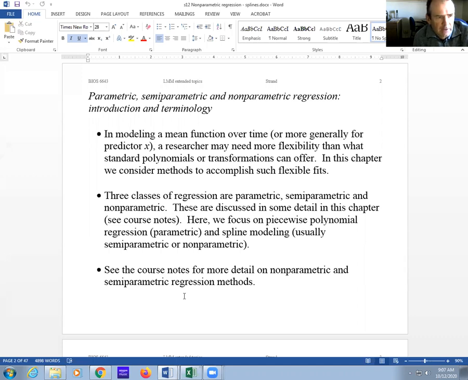The goal of non-parametric regression is to offer a really flexible function that doesn't have any constraints. It's not constrained to be linear, quadratic, cubic, or anything like that, but it's just modeling the data as it is. So on one end, you have the parametric functions, which are the most constrained, and non-parametric is the least constrained. In between, there's some modeling that has a little bit of both, which is semi-parametric modeling. Today we're really talking about the semi-parametric, non-parametric regression functions.